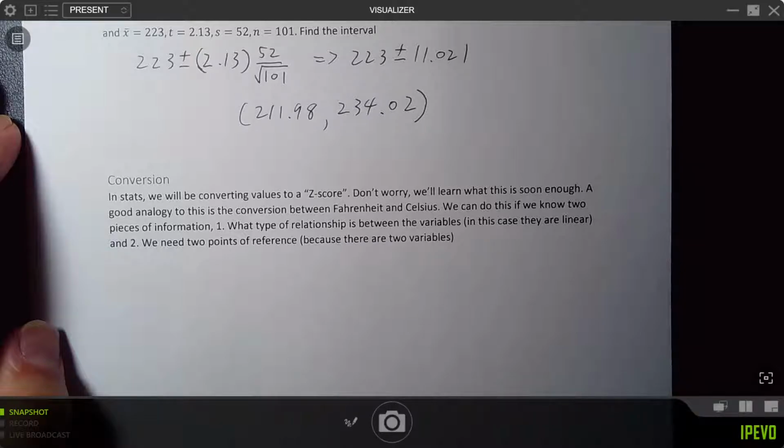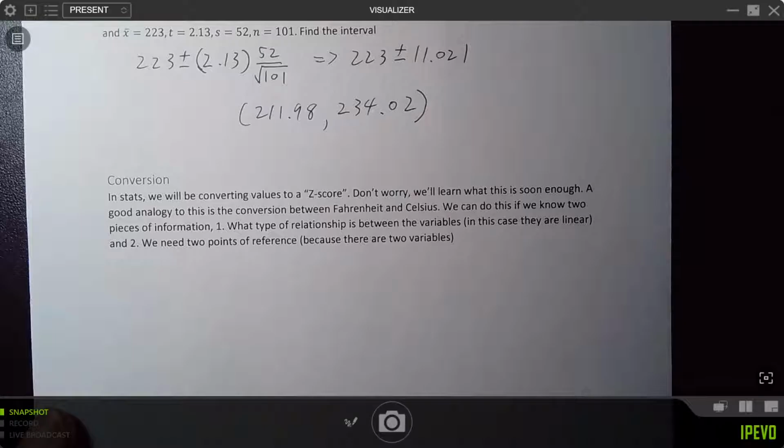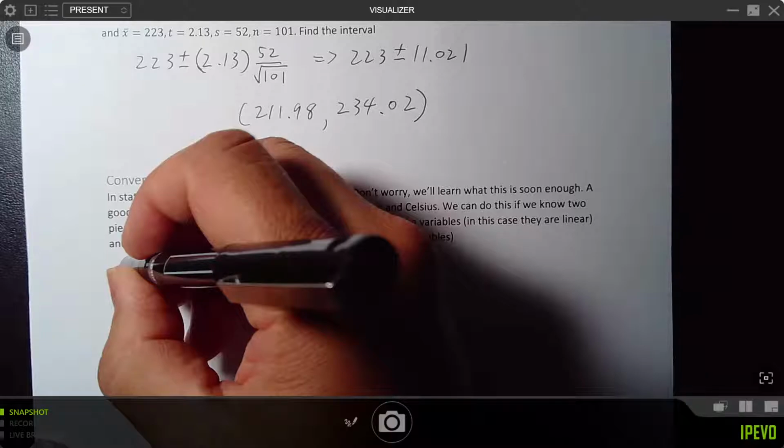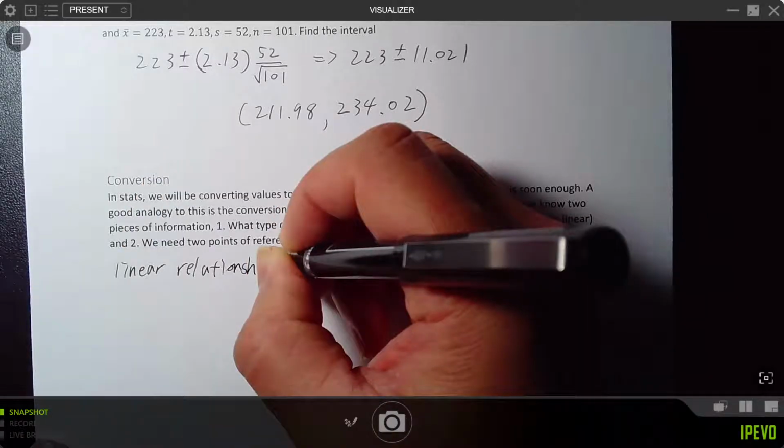Okay, and so we have a linear relationship between the two variables. Let me write that down. That's really important. So there is a linear relationship between Fahrenheit and Celsius.